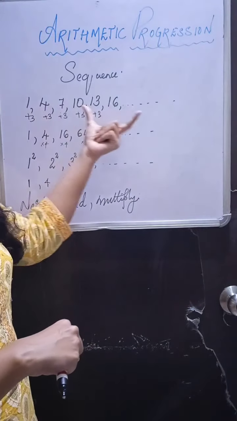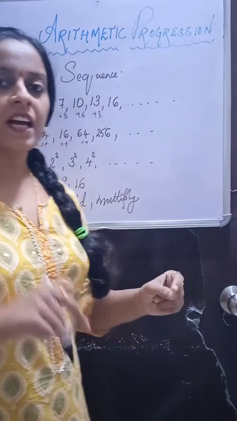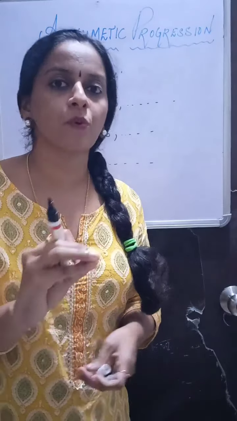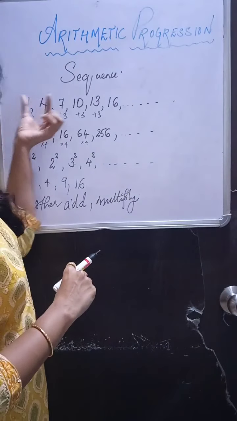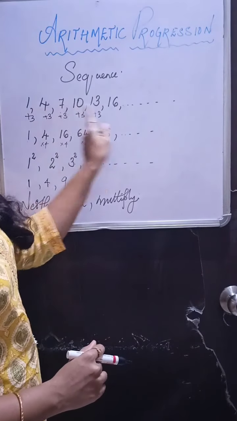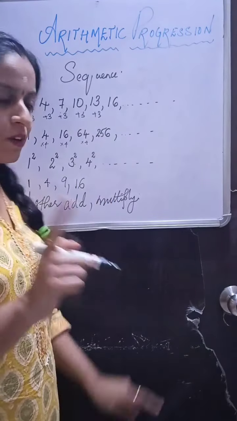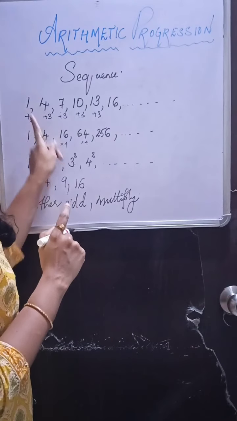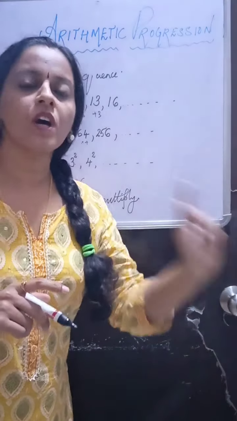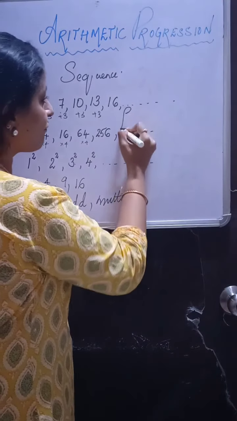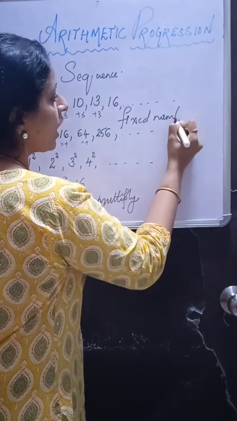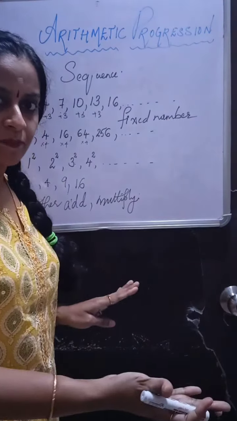What was the fixed number in the first example? It was 3, no? 1 plus 3 will give you 4, 4 plus 3 will give you 7, 7 plus 3 will give you 10, 10 plus 3 will give you 13. So by adding a fixed number, you are getting the next term.